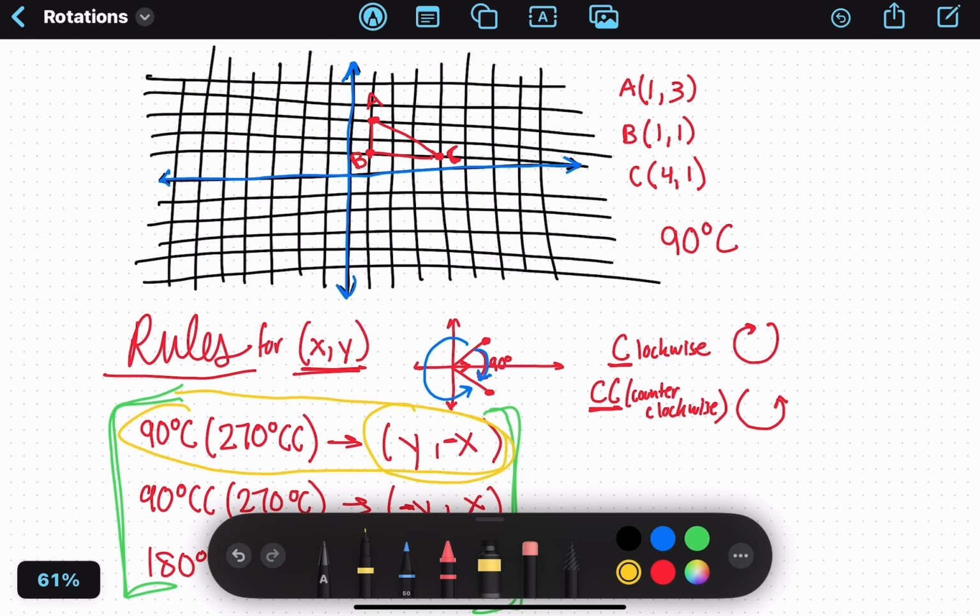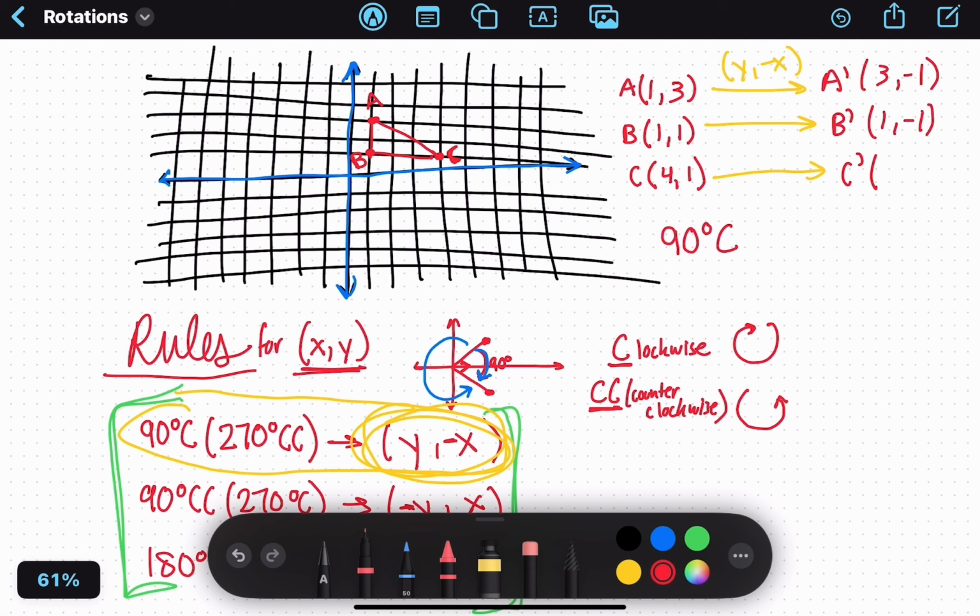We make it (y, negative x). So A would turn into A prime, B into B prime, and C into C prime. And then their points would be (3, negative 1), (1, negative 1), and (1, negative 4).